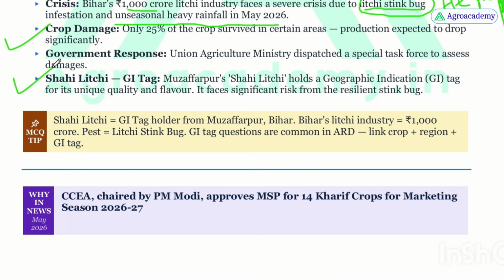The Shahi Lychee, this name has come up. This Shahi Lychee has got a GI tag from the area of Muzaffarpur. This is also very important from the exam point of view. This Shahi Lychee holds a geographical indication tag for its unique quality and flavor.